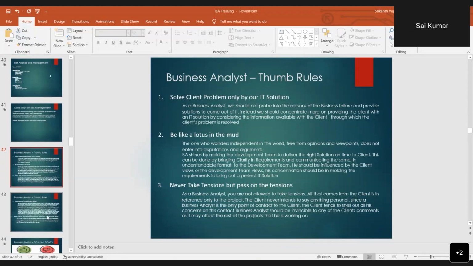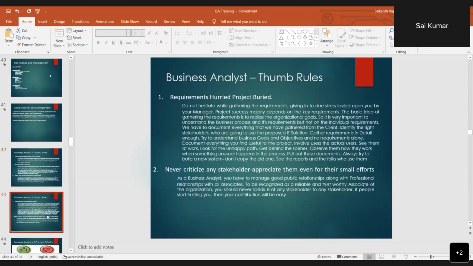So moving on to the next one: requirements hurried, project buried. Whenever we are gathering requirements, we should not gather them in a hurry. In every organization, for a requirement gathering session there is a certain period, say 2 or 3 months.